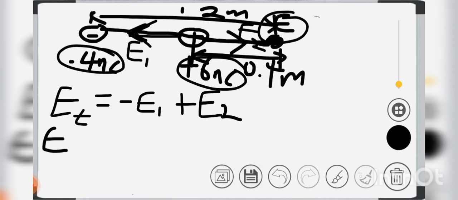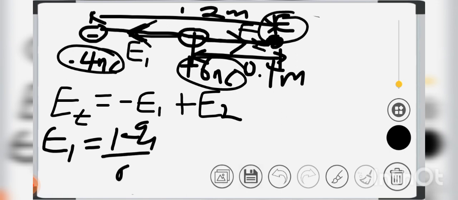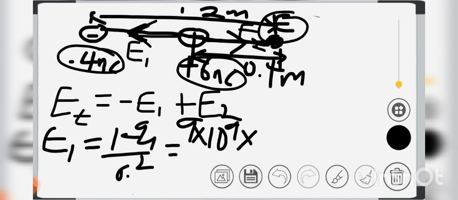So what is E1? E1 will be kQ1 over r1 squared. k is 9 times 10 to the power 9, the Coulomb constant. Then Q1 is -4. But since the negative has already shown us the direction of the field line, we are not going to include it here again. So we already used the negative sign to denote the direction of the field line. So just take the absolute value of the charge without any sign.